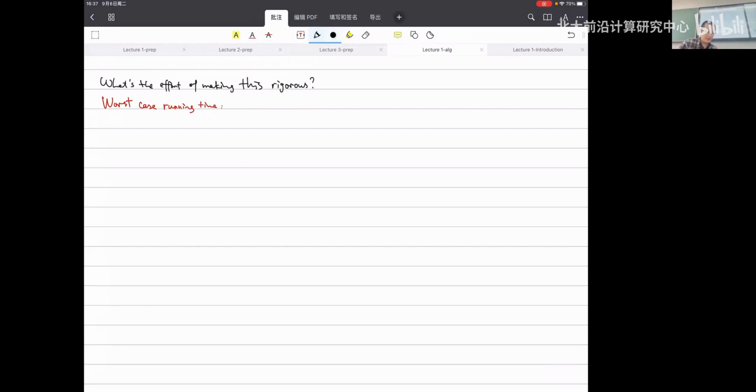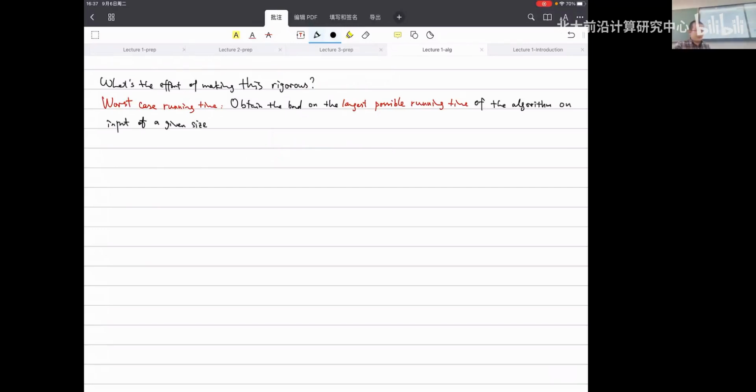Especially if we want to talk about the running time of algorithms, we want to consider the worst case running time, that is, we want to obtain a bound on the largest possible running time of the algorithm over all the instances on input of a given size.